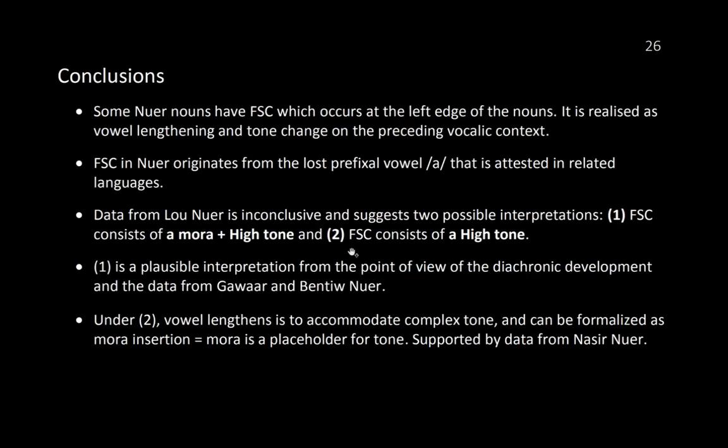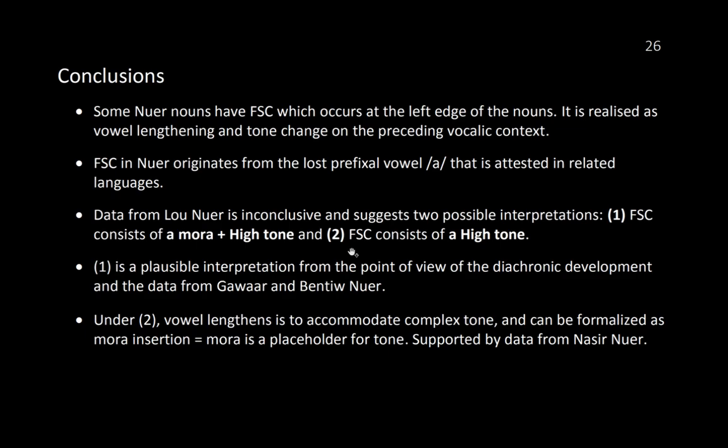Now, to conclude, I have shown that some Nuer nouns have FSC. It occurs at the left edge of the nouns and is realized as vowel lengthening and tone change on the preceding vocalic context. FSC in Nuer originates from the lost prefixal vowel A that is attested in related languages.